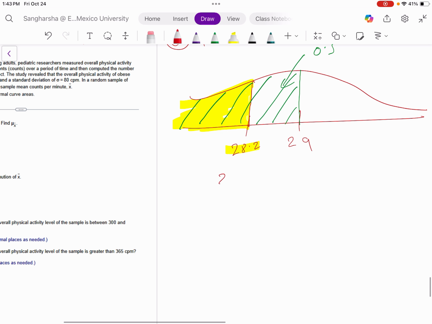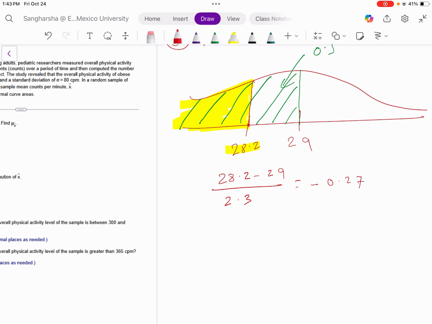So 28.2 minus 29 divided by sigma of x bar 2.3. We get negative 0.27.